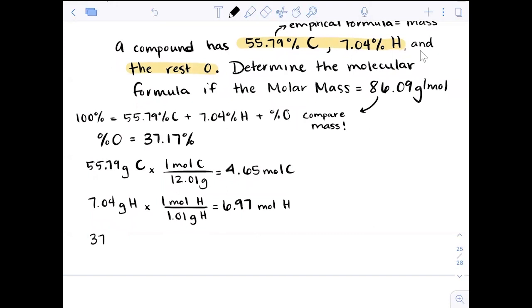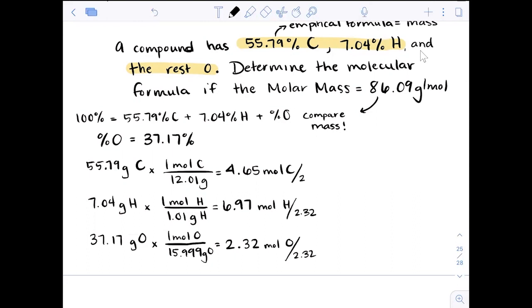And we'll take that last one, 37.17 grams of oxygen. 1 mole of oxygen over 15.999 grams. And we get 2.32. So when we look at this again, we divide by the smallest, 2.32.